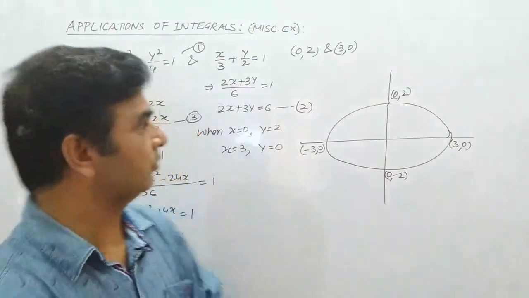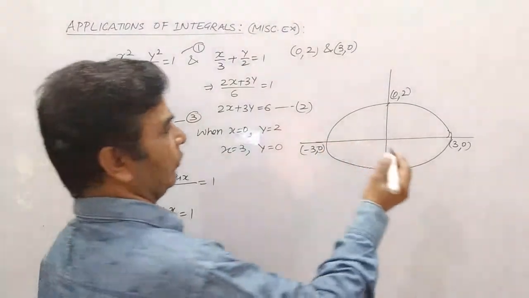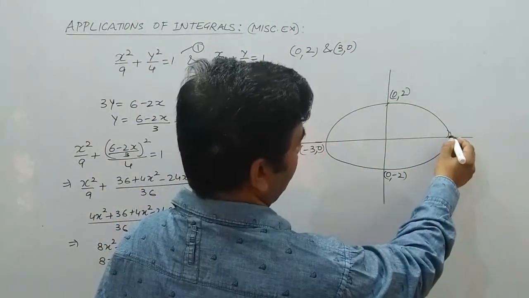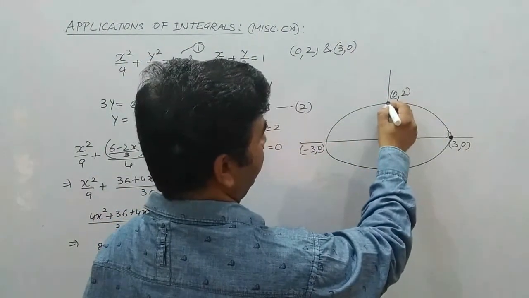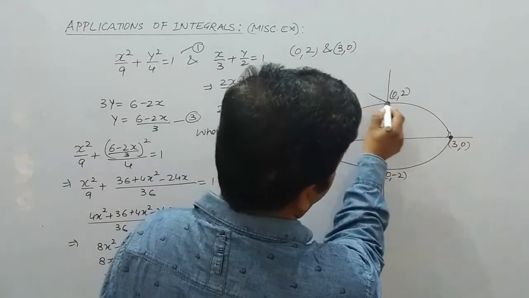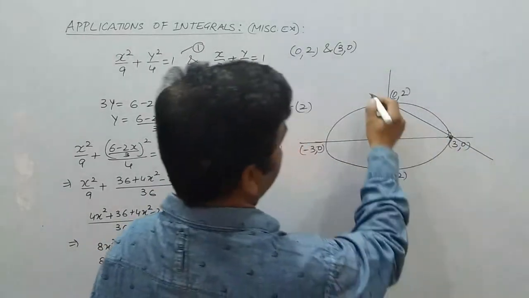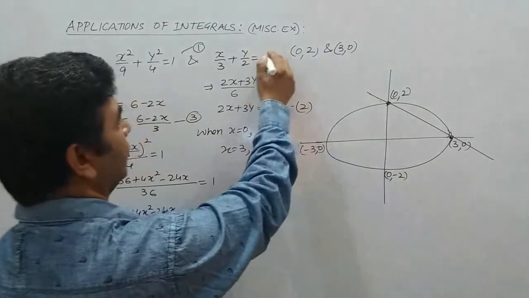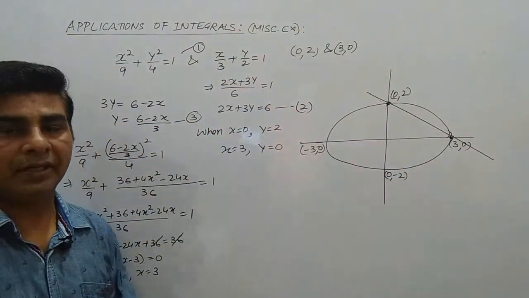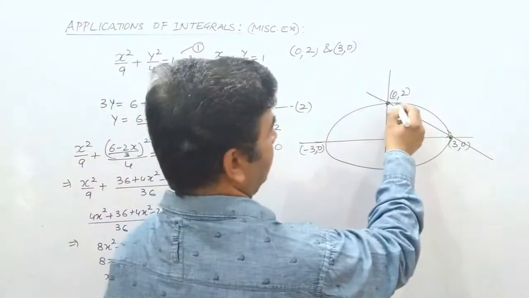So let me draw the line also with the points of intersection. This is the first point of intersection, this is your second point of intersection, joining the line. This is the given line, and the shaded region is your bounded region.